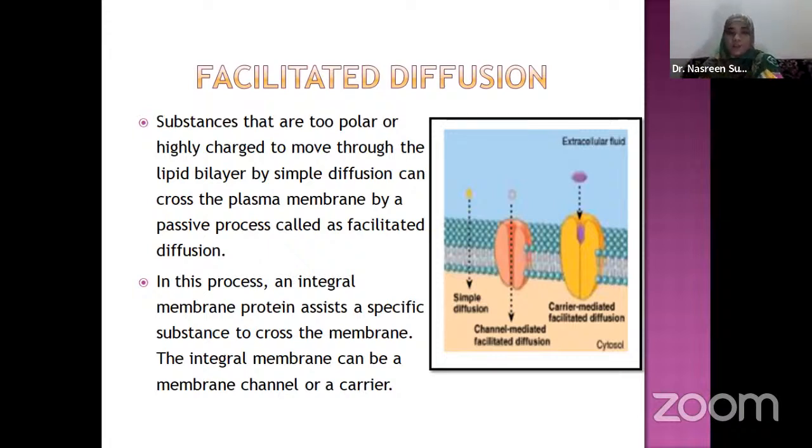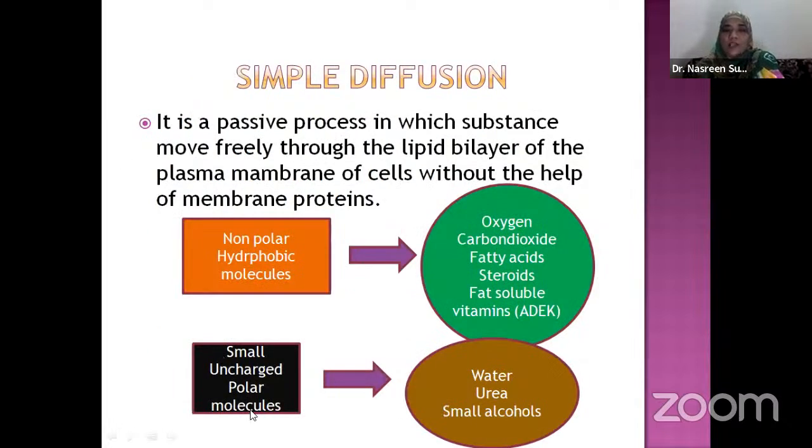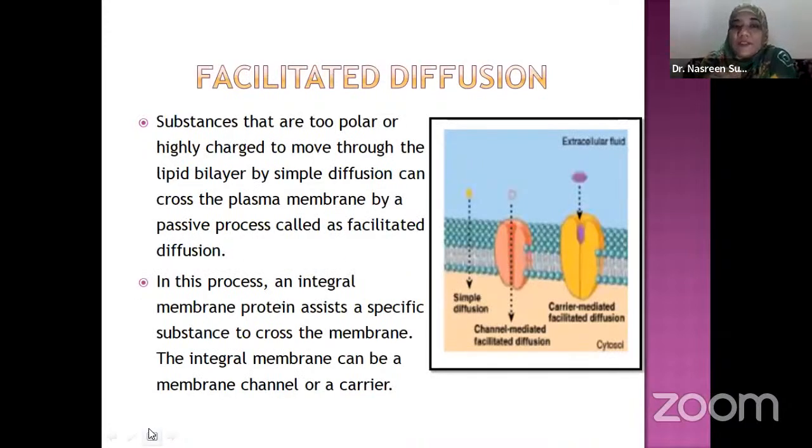So coming to facilitated diffusion, it is for substances that are too polar, highly polar. The small uncharged polar molecules undergo simple diffusion only, because they are small in size, so they can easily pass through the membrane. But in facilitated diffusion, the substances which are too polar or highly charged cannot move through the lipid bilayer.